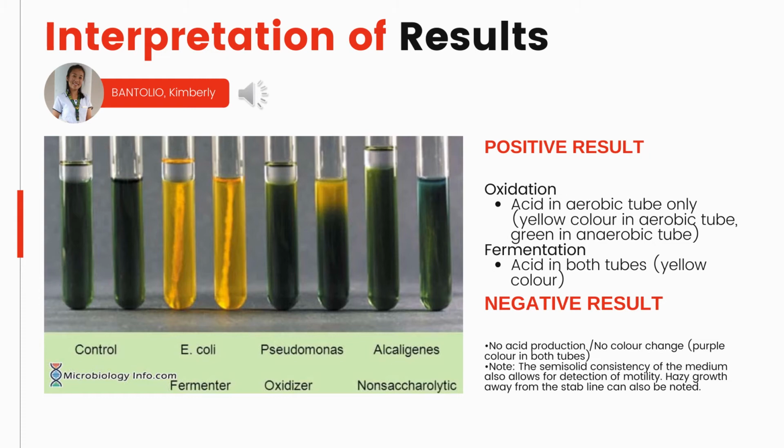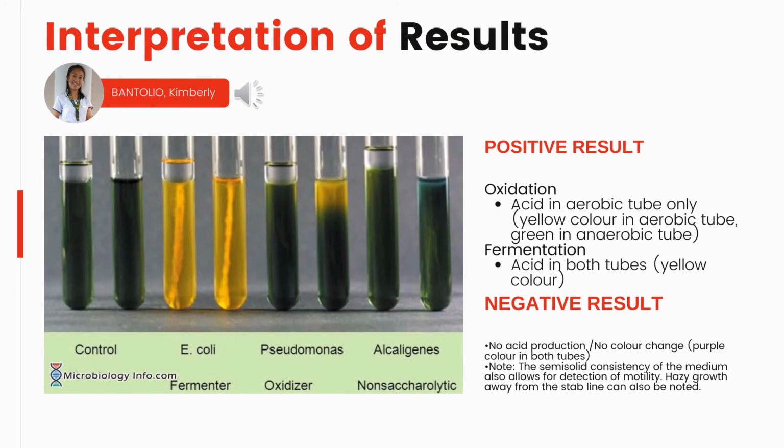For fermentation, acid in both tubes is yellow color. For the negative result, neither fermentation nor oxidation, no acid production, blue or green color in the aerobic tube, green in the anaerobic tube.